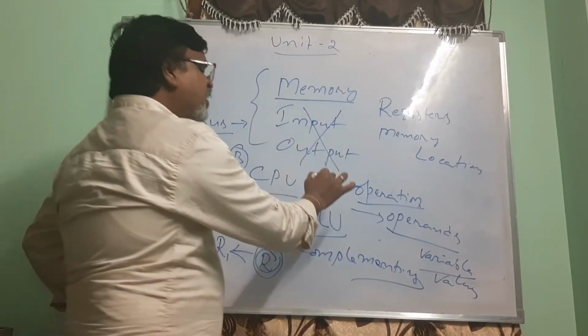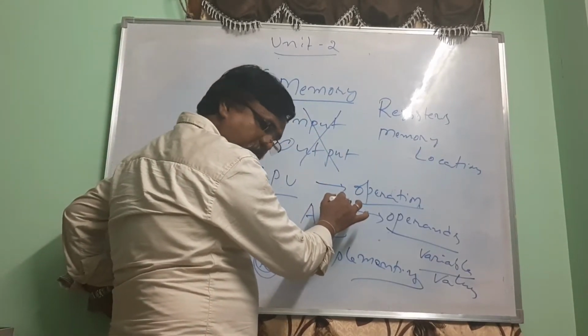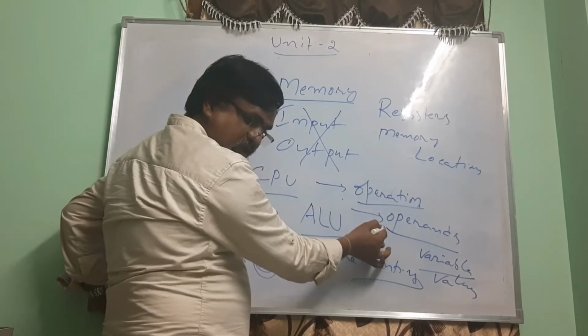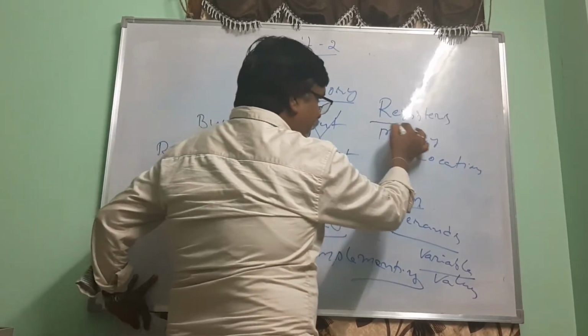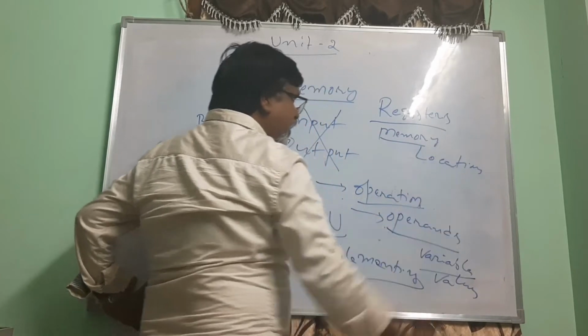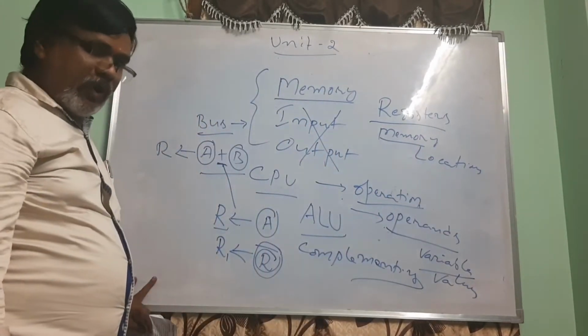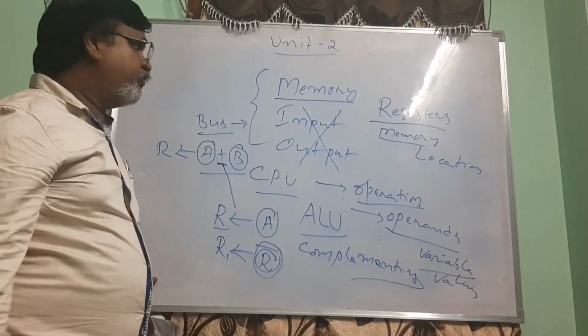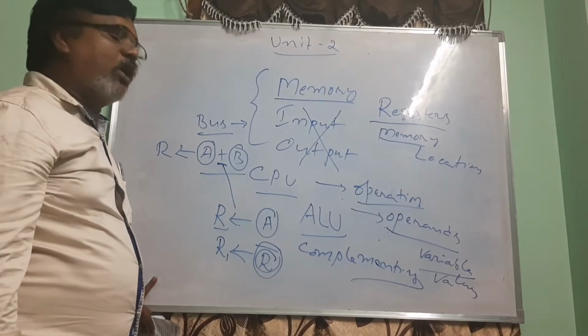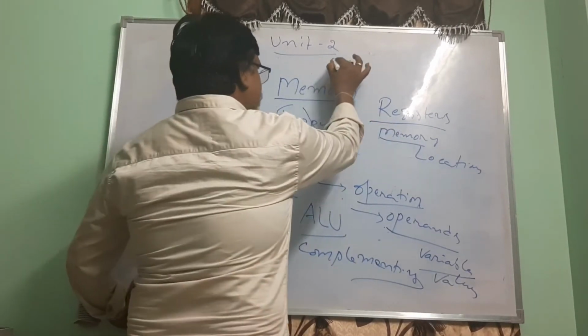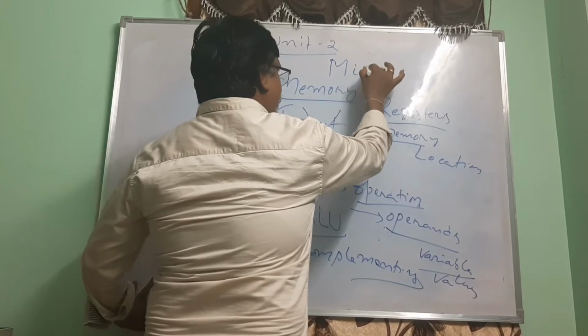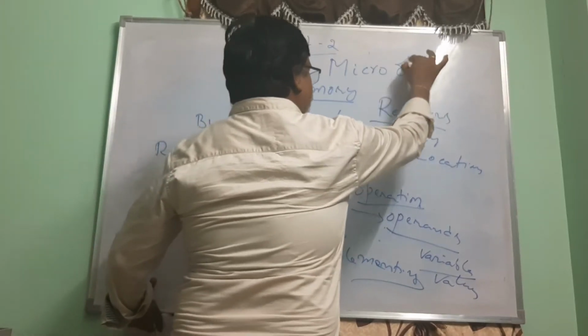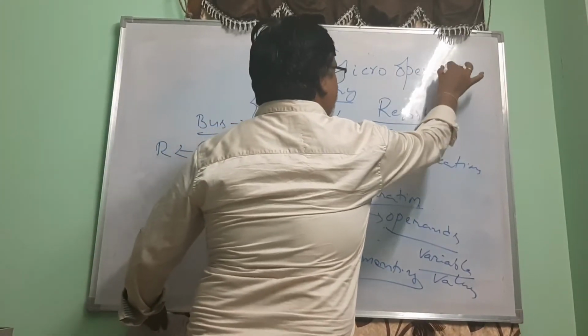An operation that is performed on various operands, where the values of those operands are stored in registers or memory locations, is called a micro operation. Now we have the definition for micro operation, which is the main topic of our subject.